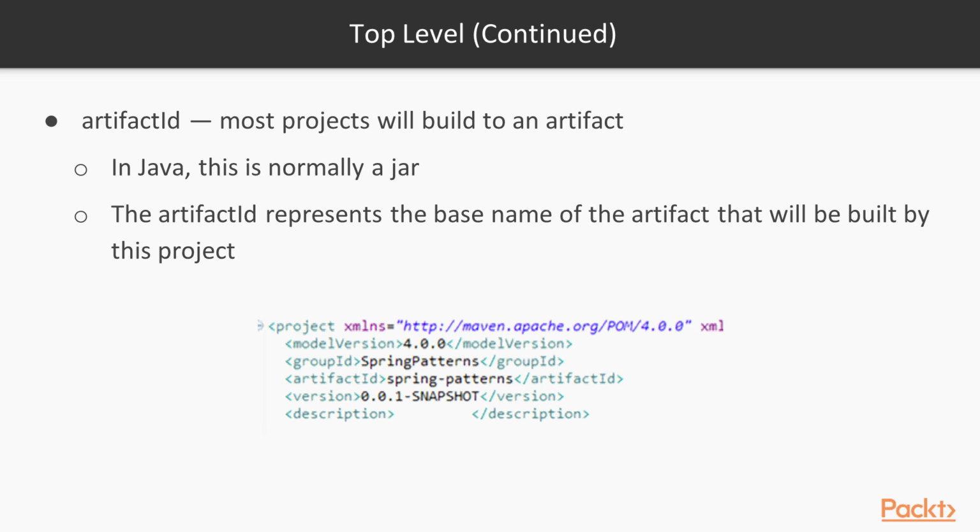In the case of a POM, the artifact ID represents the base name of that archive that will be built. So in other words, this artifact ID might build to something called springpatterns.jar, where Spring Patterns is the base name of that archive that's being built, or the base name of the artifact that's being built, the deliverable library or the component that we're building.